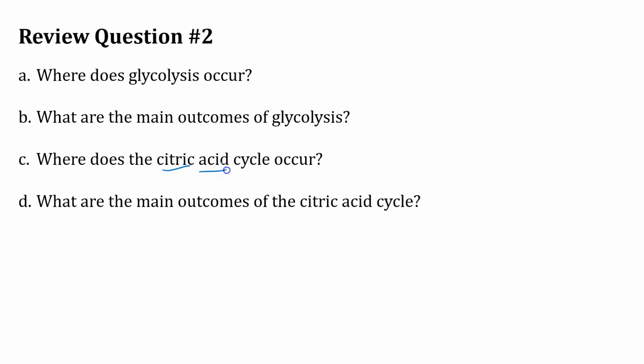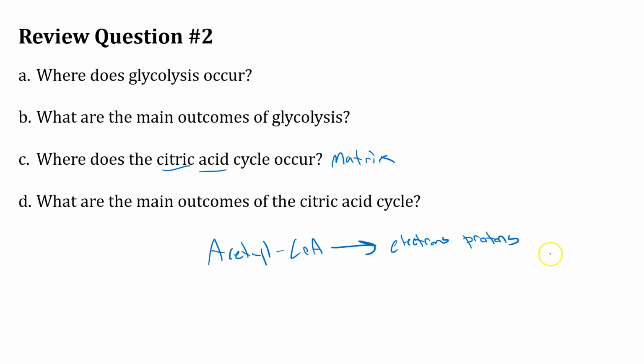Okay, the citric acid cycle, this is occurring not in the cytoplasm, this is deep inside the mitochondria now, the matrix of the mitochondria. And basically what's happening here is acetyl-CoA is completely being dismantled into electrons and protons. And then the carbon and oxygen kind of escapes as CO2.